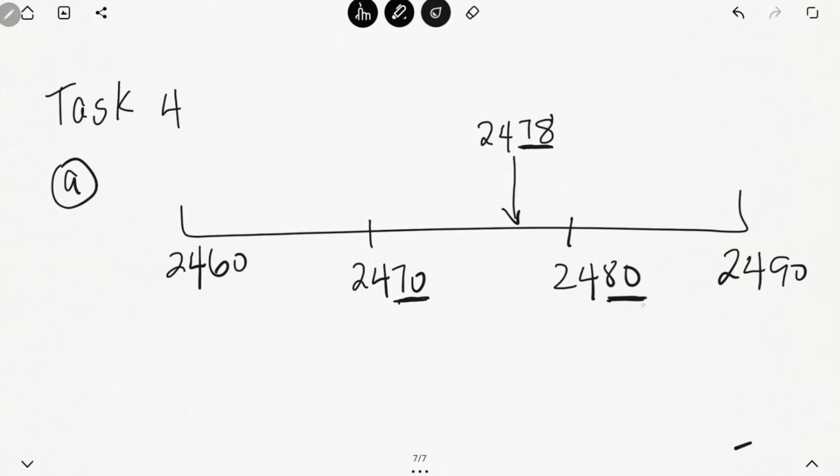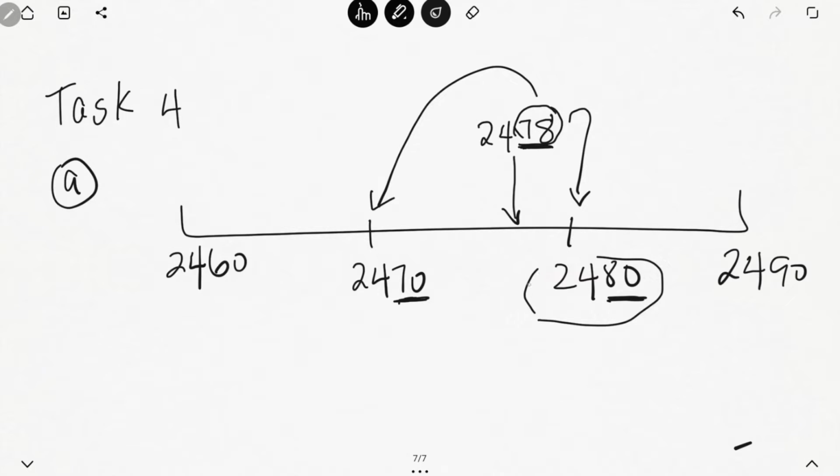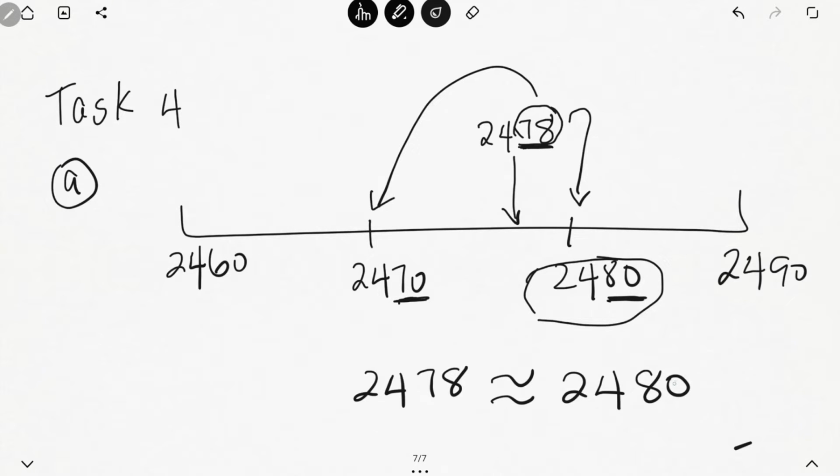I know it's 2,470 and 2,480, but we're looking at the last two digits. Is 78 closer to 80, or is it closer to 70? Based on everything we saw, we know it's closer to 80. So 2478 to the nearest 10 would be approximately 2480.